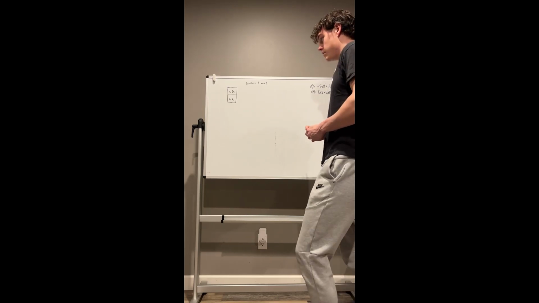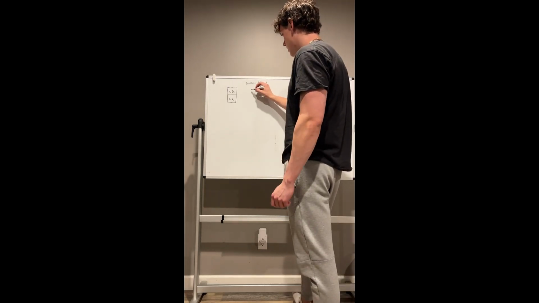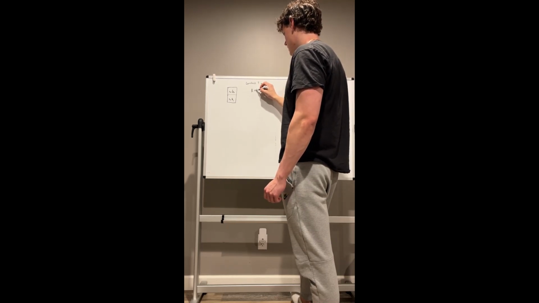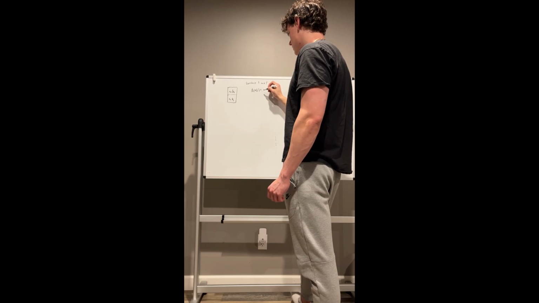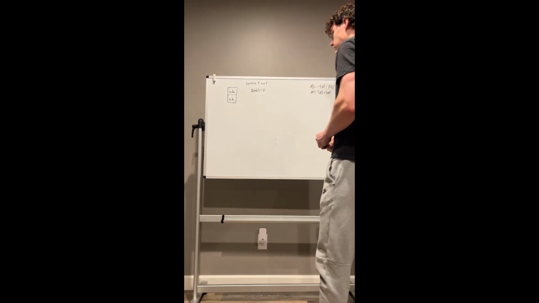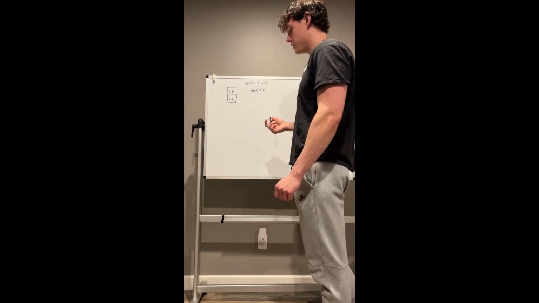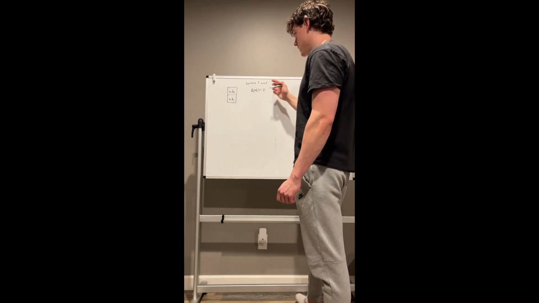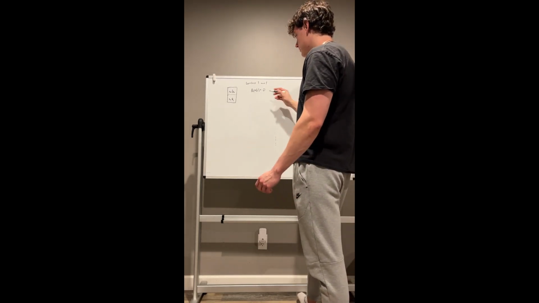But the first thing we should notice is that the overall change, dG, is going to be equal to 0, because it's a closed system and the temperature and pressure are not changing.